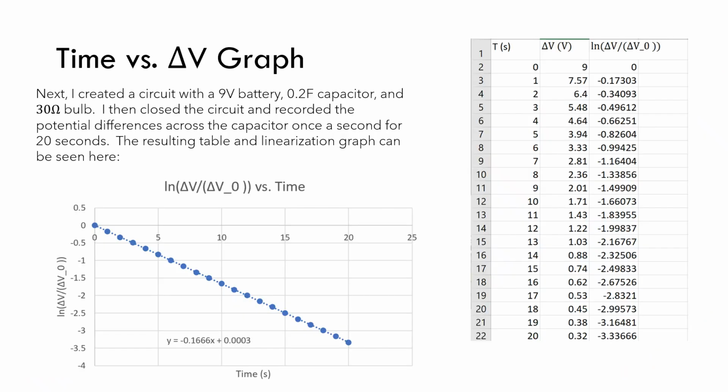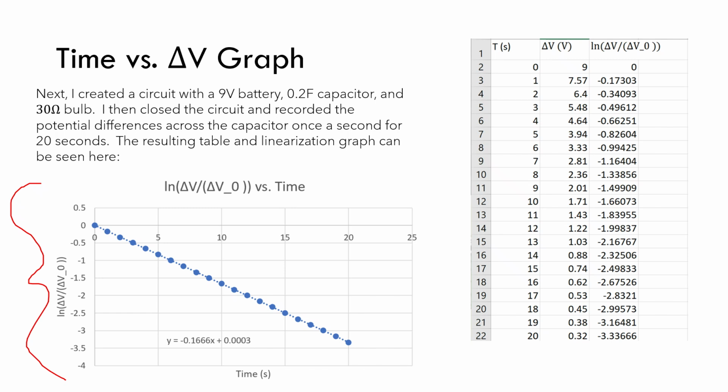For the next part of the experiment, I created a circuit similar to the one on the last slide, but this time with a 30 ohm bulb. And then I recorded the various potential differences across about 20 seconds, and then used that to create this linearization graph down here on the left side of the screen.